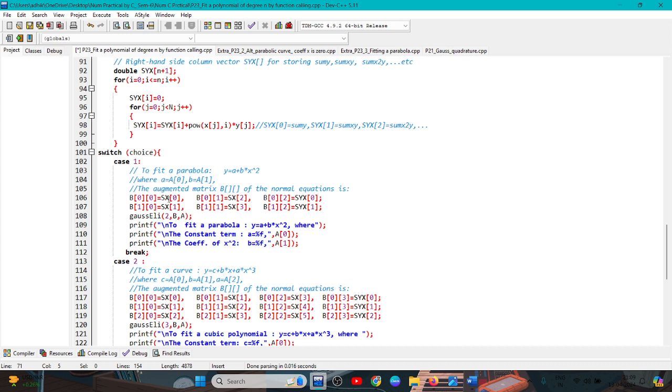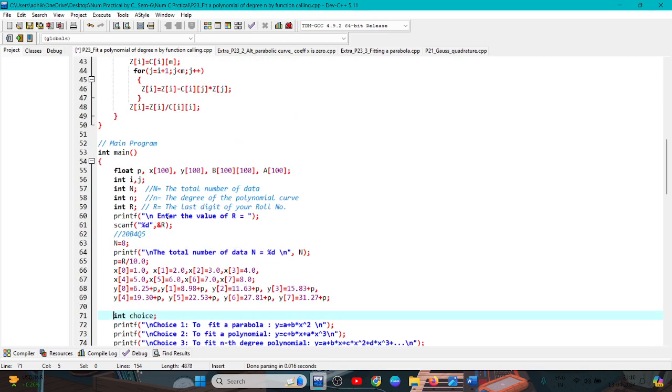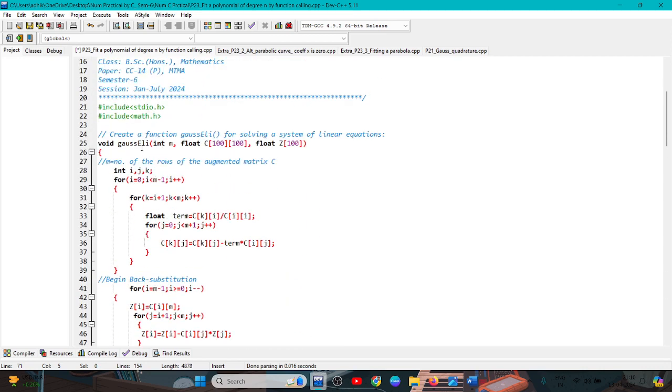So b00 Sx0, b01 Sx2, b02 Syx0, and so on. Now we call the function Gauss elimination 2ba. M is the number of rows of the augmented matrix C. So here m equal to 2 because there are 2 rows only.